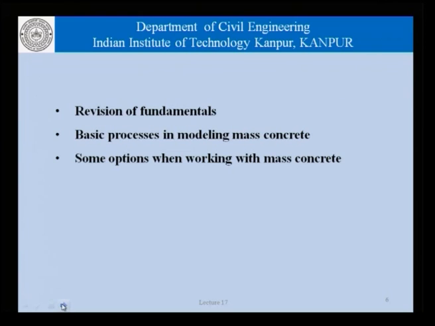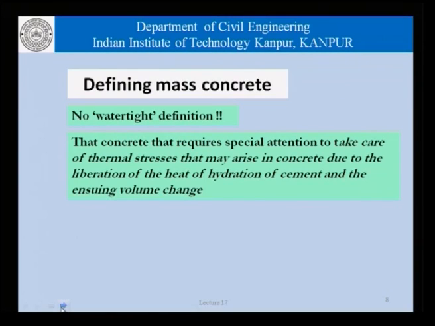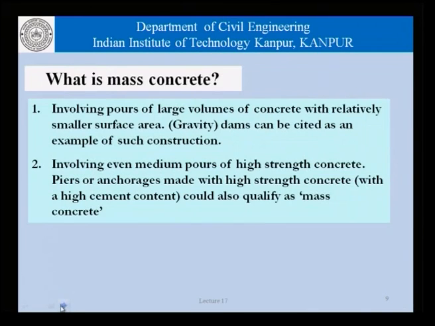So, going over these once again quickly, as far as the fundamentals are concerned, we saw that there was no basic definition or no watertight definition that this is what is mass concrete. It is any concrete that requires a special attention to take care of thermal stresses that may arise in concrete due to the liberation of heat of hydration of cement and the ensuing volume changes.